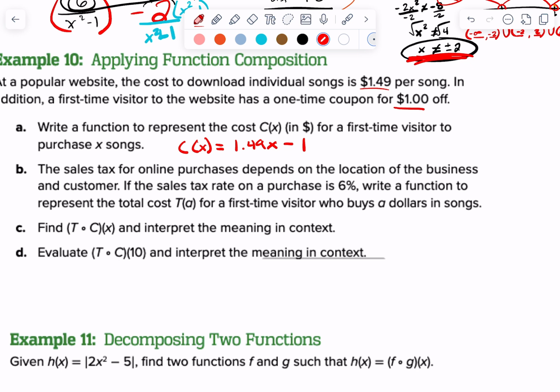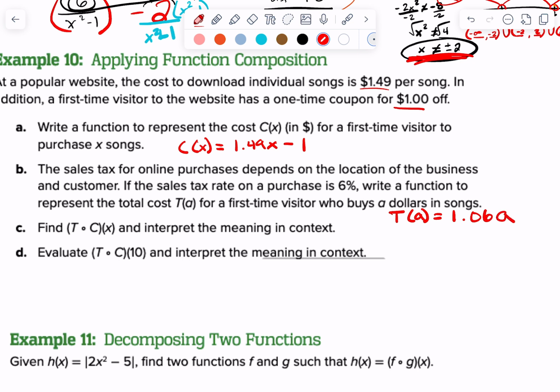Okay, so sales tax, I think T of A will just be, if it's 6% tax, we have to add it back to the original. So it won't just be 0.06 times whatever you purchase, right? It will be 1.06 times A, where A is the number in dollars I spend, right?